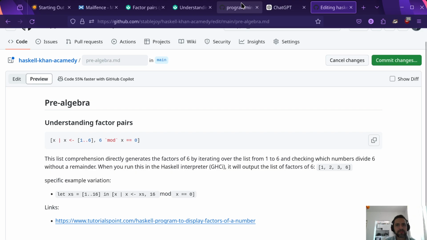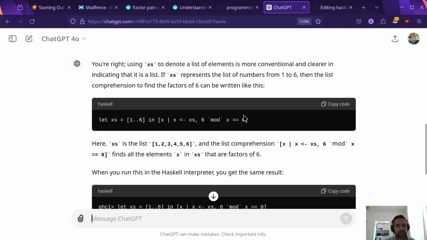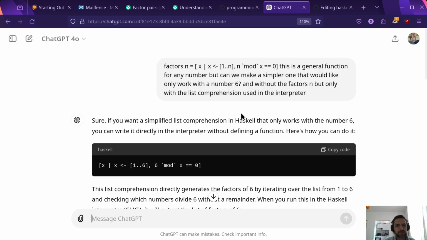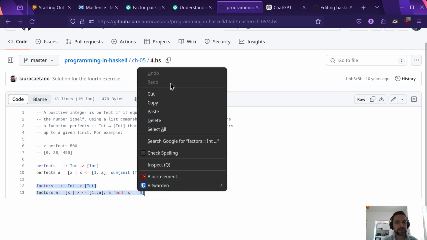Let's write the most generalized factors n: x, 1 to n, n mod x is 0. Yeah, this would be this. Copy this. Good.